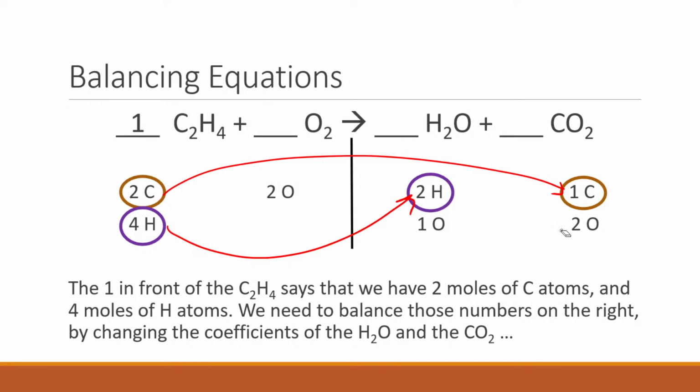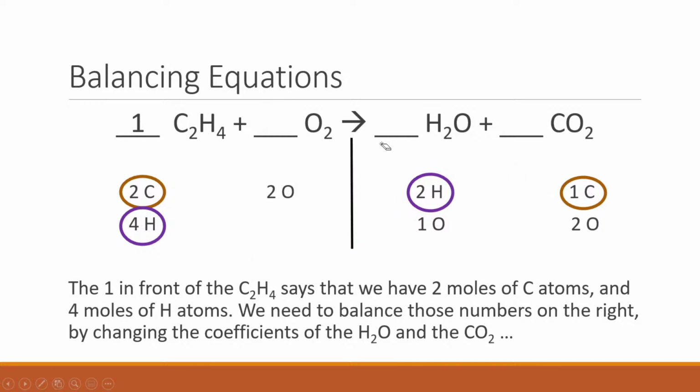How am I going to balance the other side? What numbers am I going to put in front of the H2O and the CO2 to give me 4 H's and 2 C's? How many H2O's do I need to get 4 H's? And how many CO2's do I need to get 2 C's?